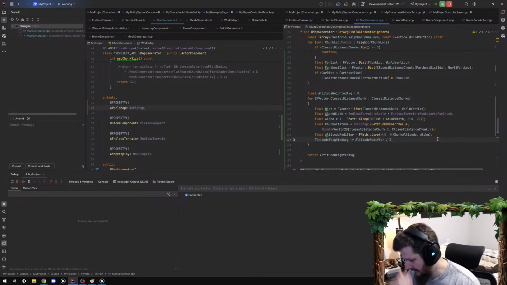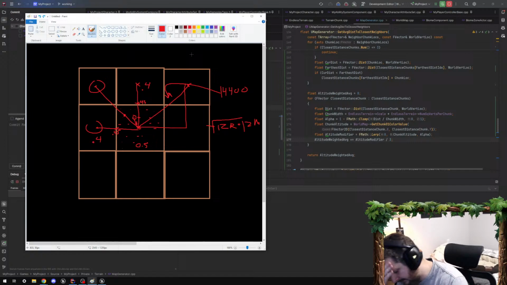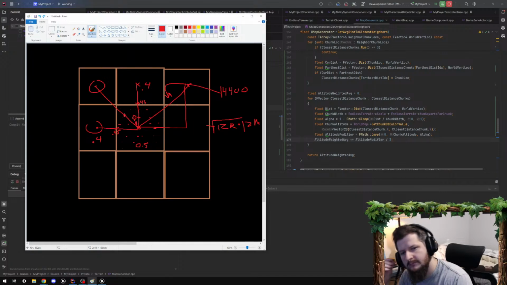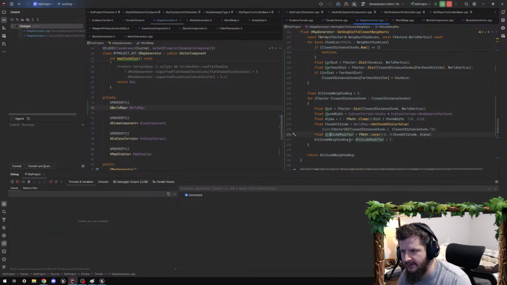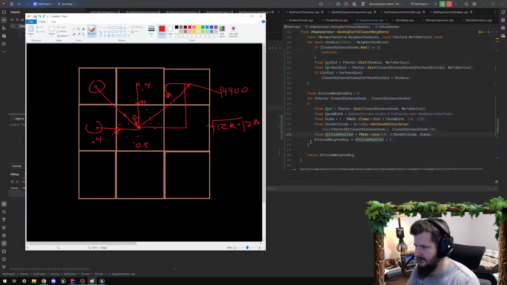Now if I just got the max, let me look back at my old diagram here. If I just got the max distance, or... if I got all the altitude modifiers, if I got all of this number for each closest chunk, and then I just took the max.